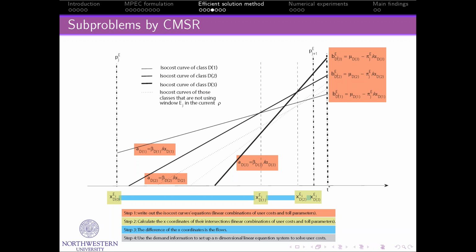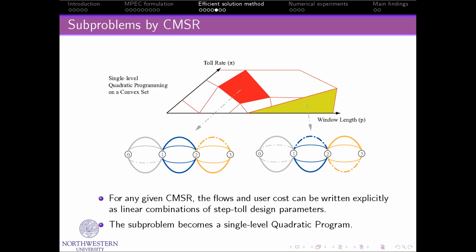Then, by plugging in the user cost here, we can get the difference, which is the flows, also as the linear combination of toll parameters. Therefore, by doing this, for any given CMSR, we can get the flows and user costs written explicitly as linear combinations of step-toll design parameters.